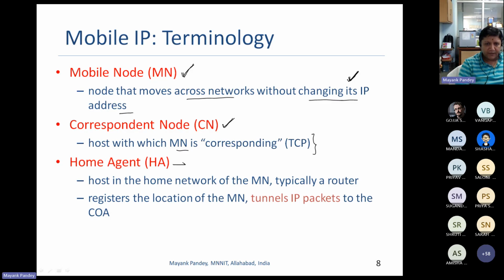Another term is home agent. It is typically a router in the home network. Home network means the original network of the mobile node. We'll see the usage of the home network and other terms.